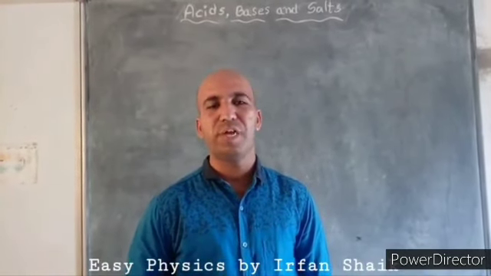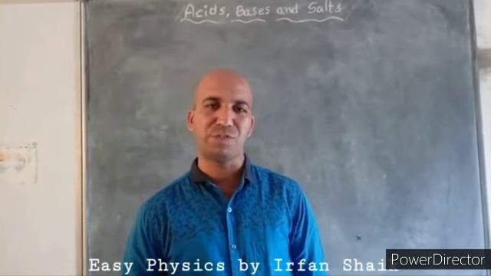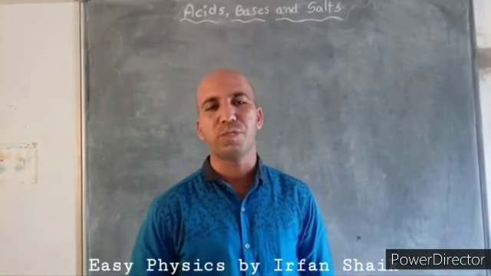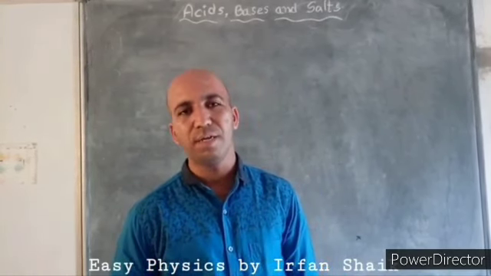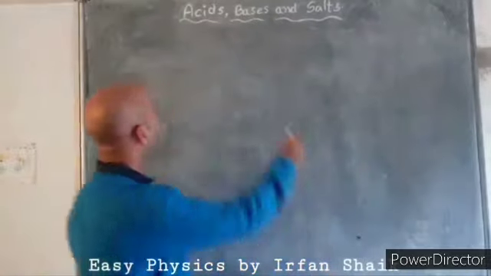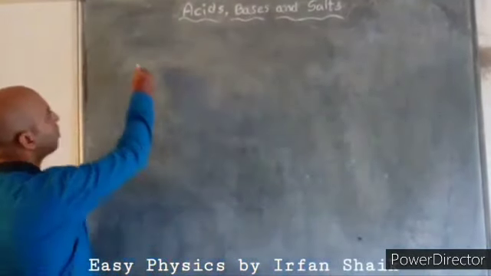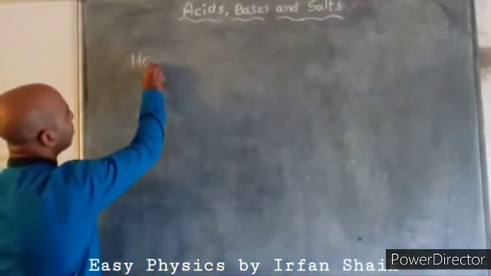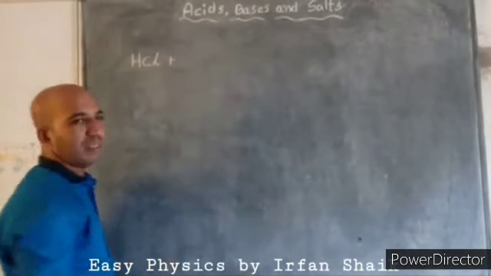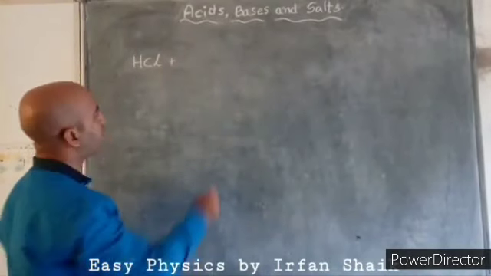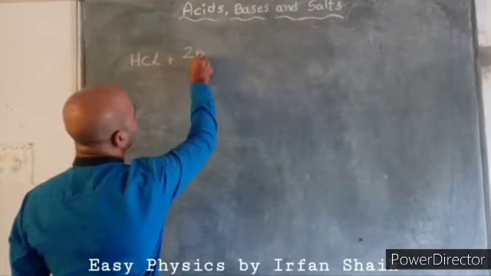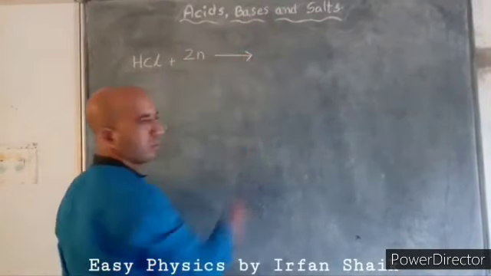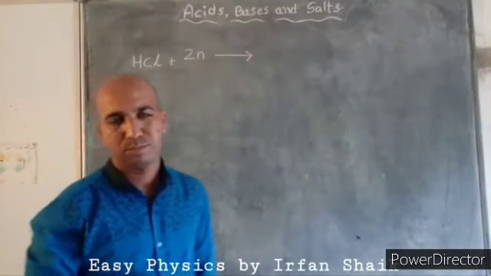Now let us write this reaction in the form of an equation. Here we have taken hydrochloric acid and a metal, zinc. Hydrochloric acid, the formula is HCl, and it is reacting with zinc metal. What will form?